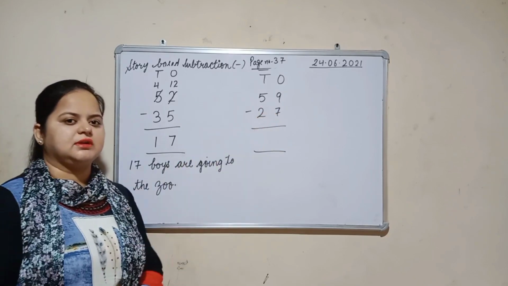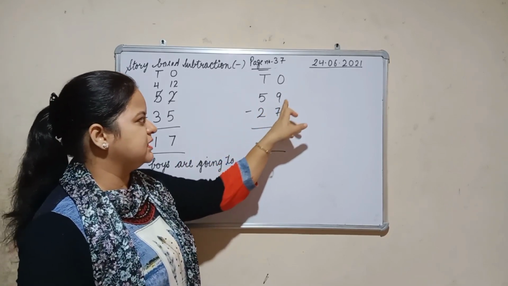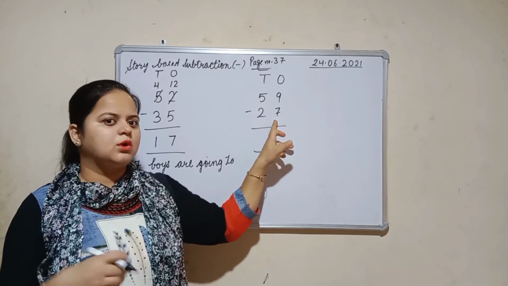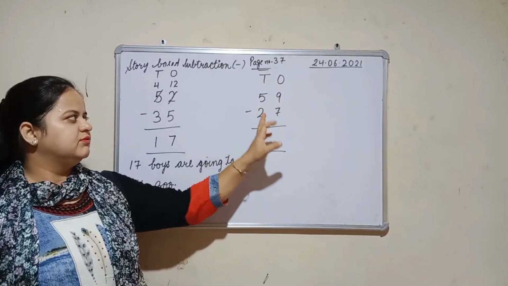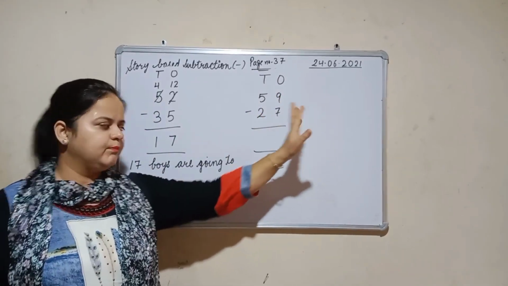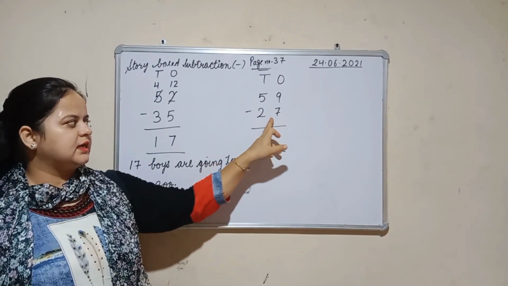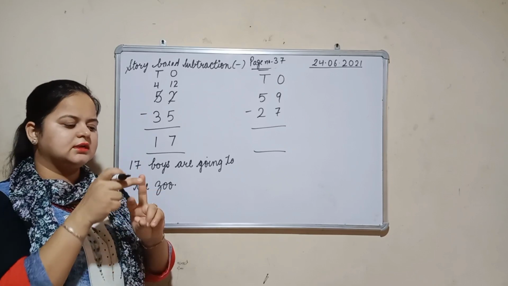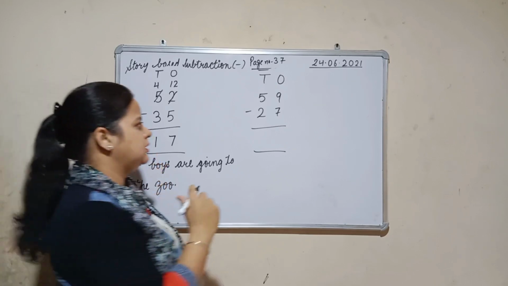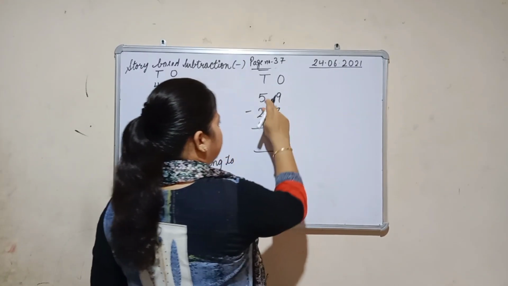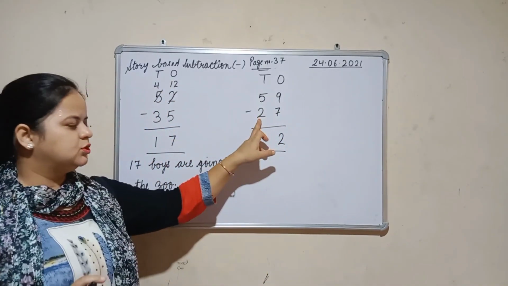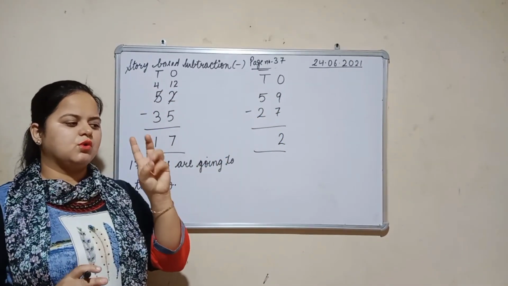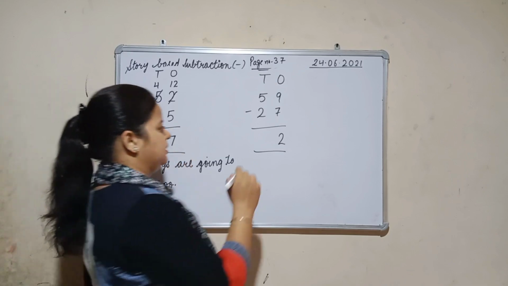9 minus 7. So now this number is bigger than the number below. So no need to take a borrow and we will start counting from the next number. 7, 8, 9. Only 2. 5 minus 2: 2, 3, 4, 5. 3.